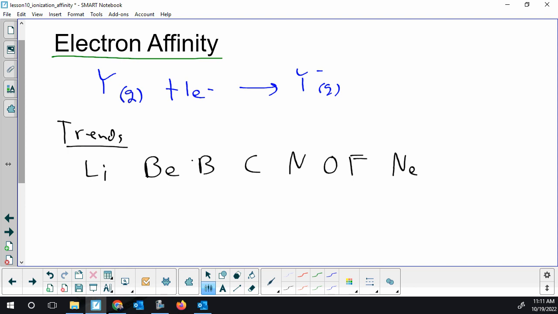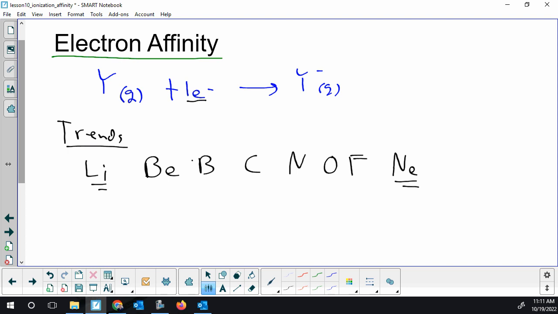We've got 3 protons in lithium trying to attract an electron. We've got 10 protons in neon trying to attract an electron. Well, 10 protons in neon is going to have a way bigger attraction than lithium. Or certainly as you go across, we're going to see an increased attraction.